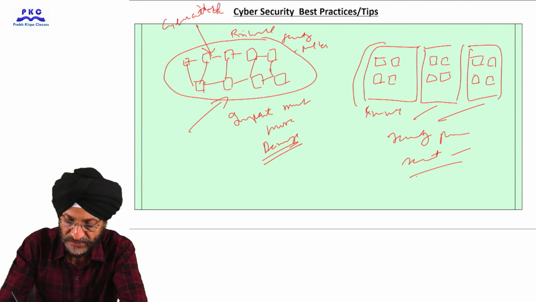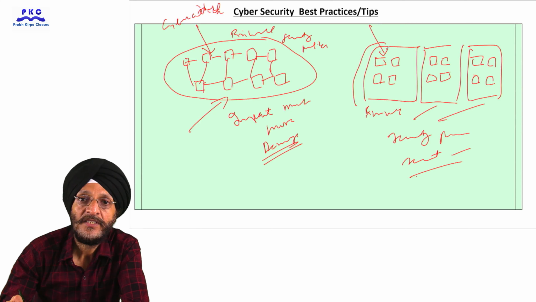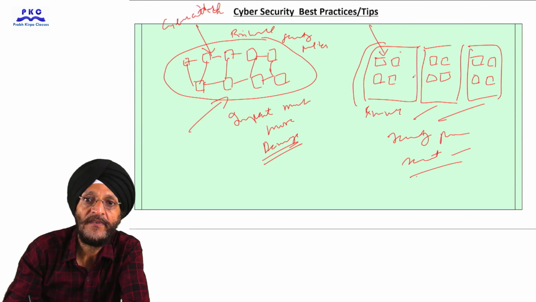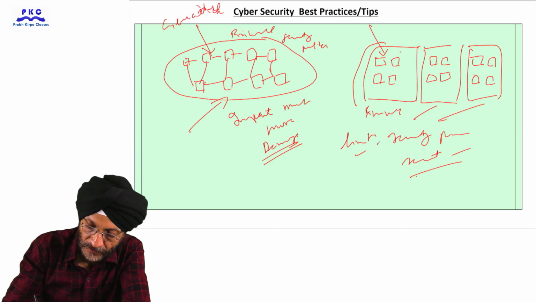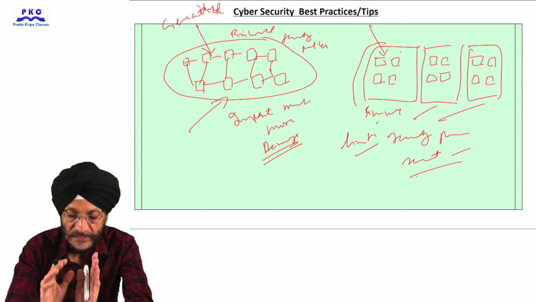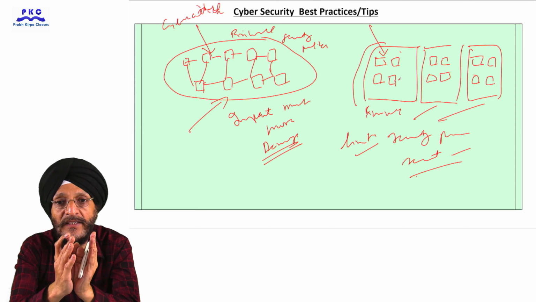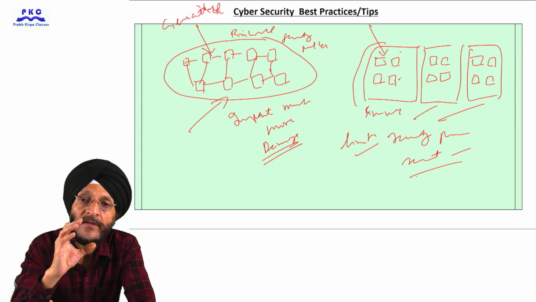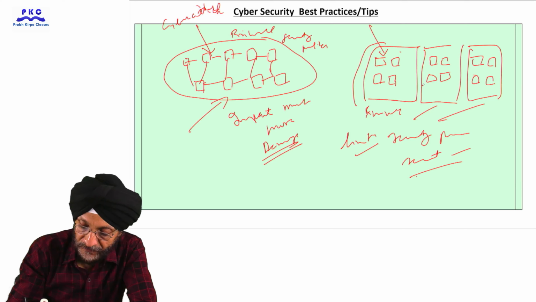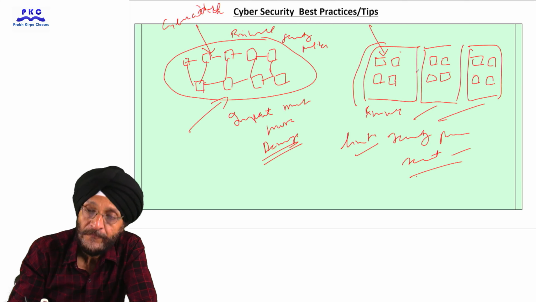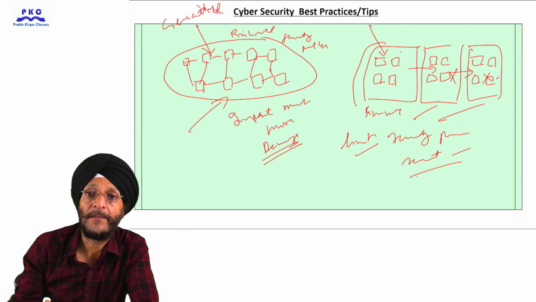But in the case of network segmentation, if there is a cyber attack, suppose in this segment, what will happen? The impact will be limited, because if the cyber attacker or hacker is in a position to gain unauthorized access to this segment, then it will not be in a position to have access to these segments.